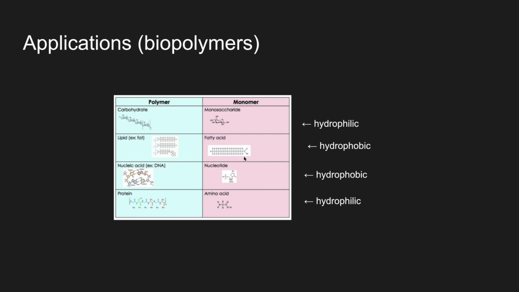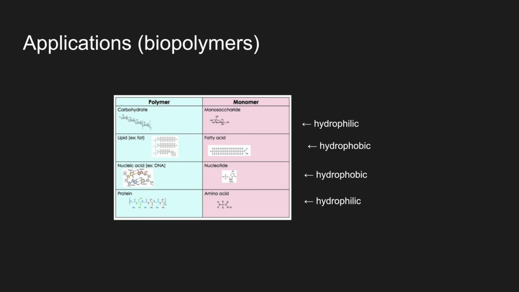On the other hand, carbohydrates and proteins are hydrophilic due to their chemical structure. This allows them to form hydrogen bonds with water, and therefore, because of these properties, they love being with water, and they're not going to be resistant to it.